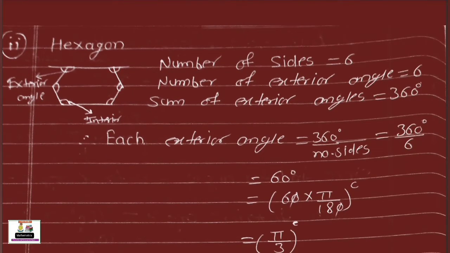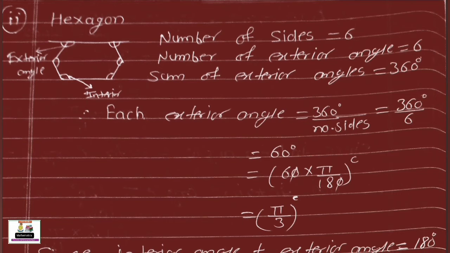Next polygon is the hexagon. Here, hexagon means having 6 sides, and this figure is a hexagon. Here the interior angle is denoted, the exterior angle is denoted.